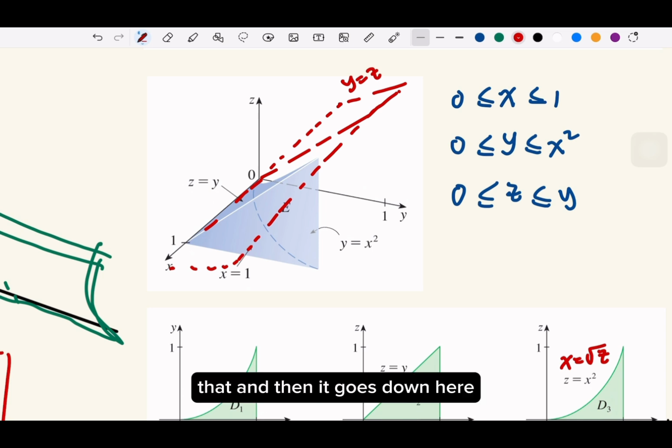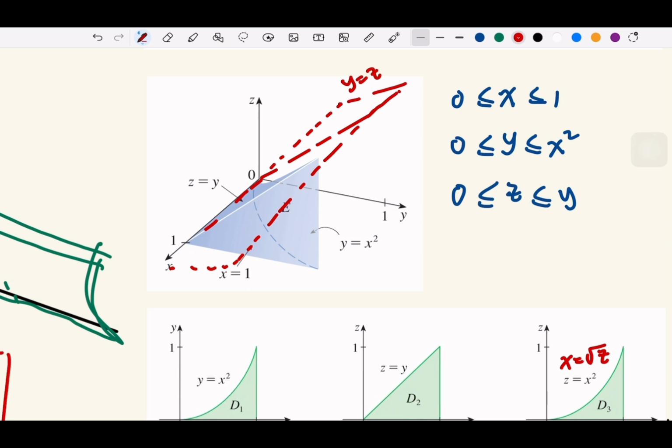So that, and then it goes down here, which is this part here.